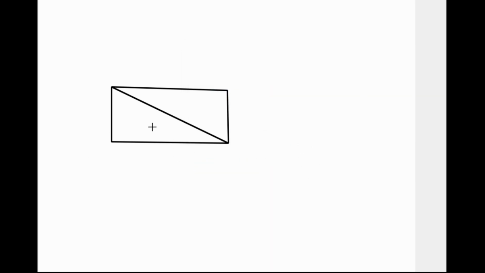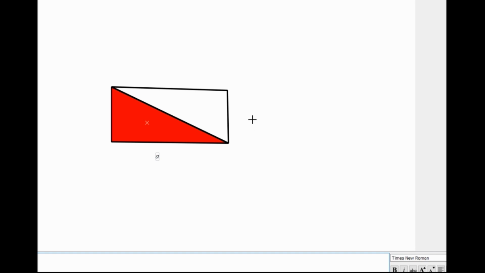So the area of that part is, if we have that length there, and actually I'll put height, and I will change that to base.